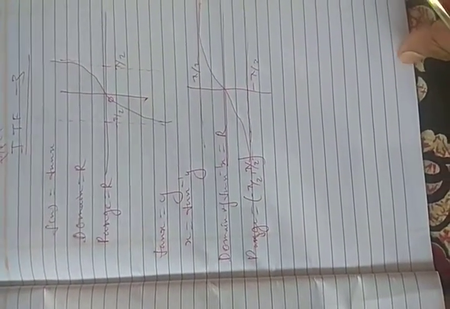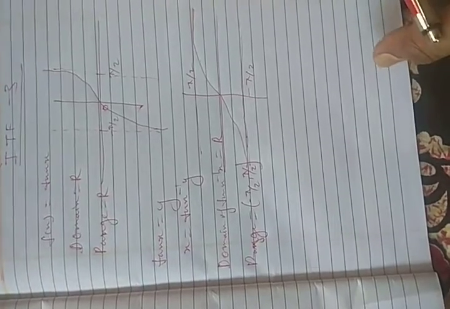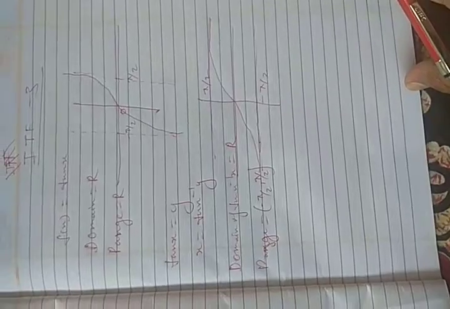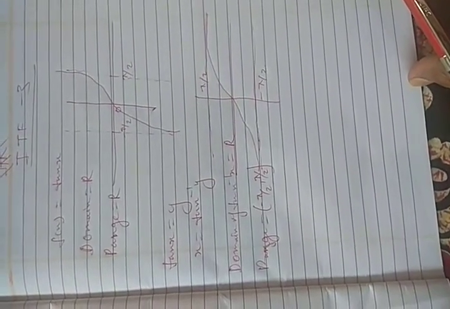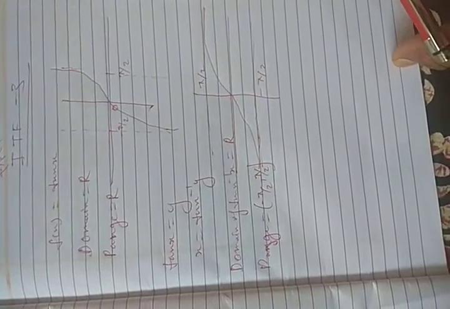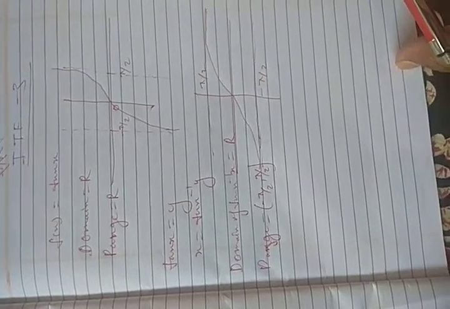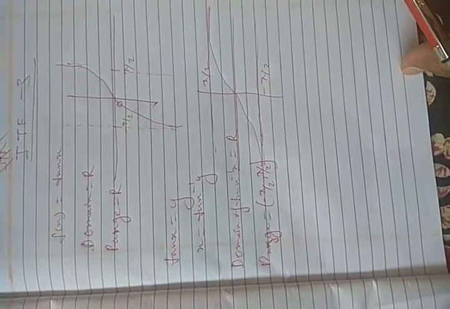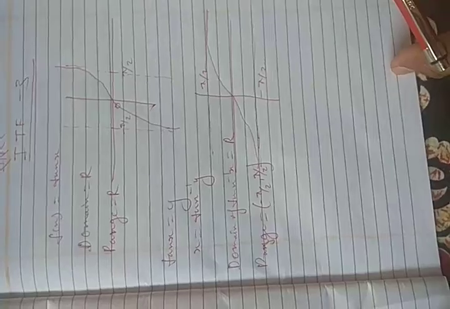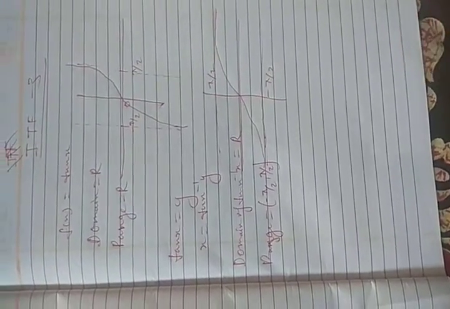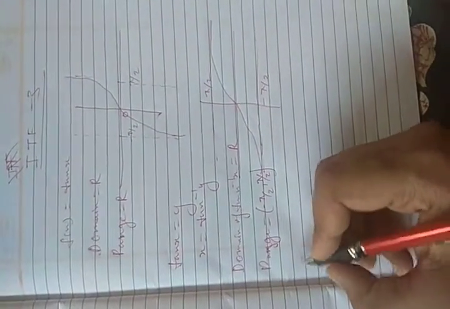One more thing we can discuss here: the principal value of every function, such as sin x, cos x, tan x, cot x, sec x, cosec x, is just its range. Whatever range we have for the inverse function is called the principal value of the function.